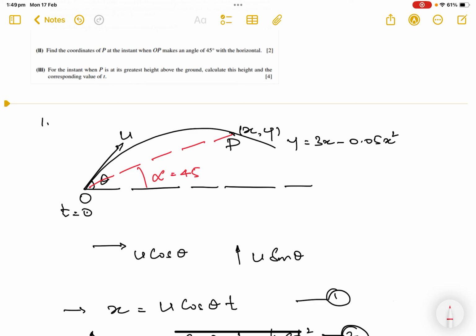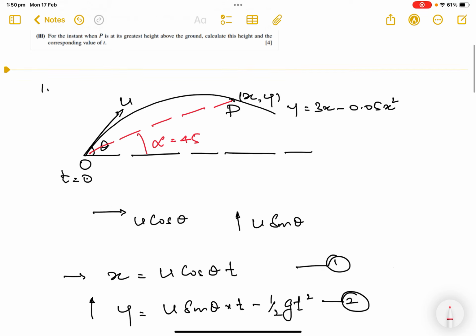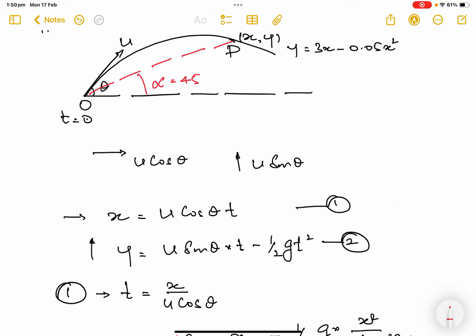So x is the horizontal distance that the particle traveled, and y is the vertical distance the particle traveled from the projection point. And the equation of the path is y equals 3x minus 0.05x squared. The initial speed is u with the angle theta.